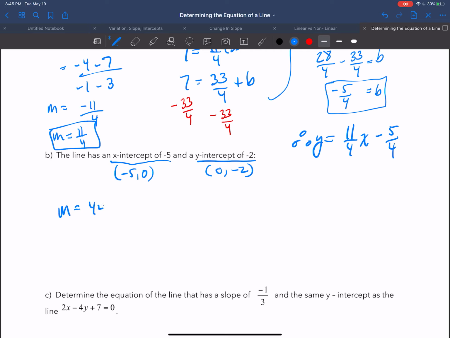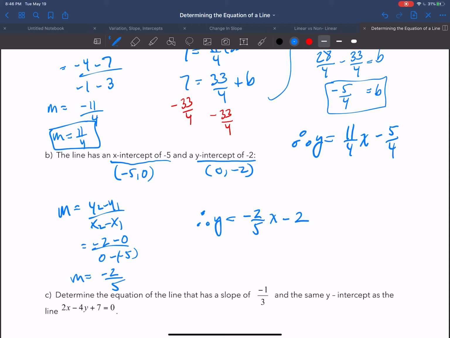So y2 minus y1, so -2 over 5 would be your slope. So that's all we need to do. They gave us the y-intercept in the equation, and we figured out the slope between those 2 points, and we're done.